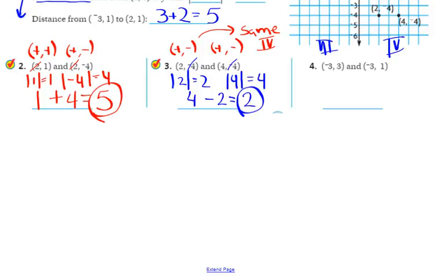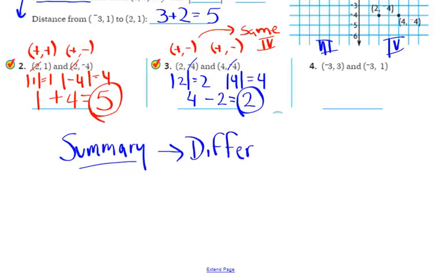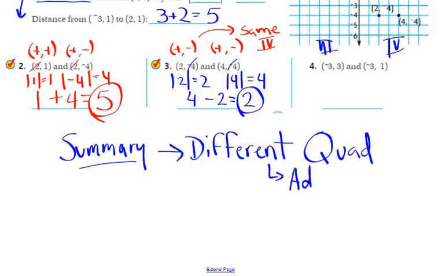The biggest thing you're going to want to remember for your summary: if you are in different quadrants, then you will always add your absolute values.